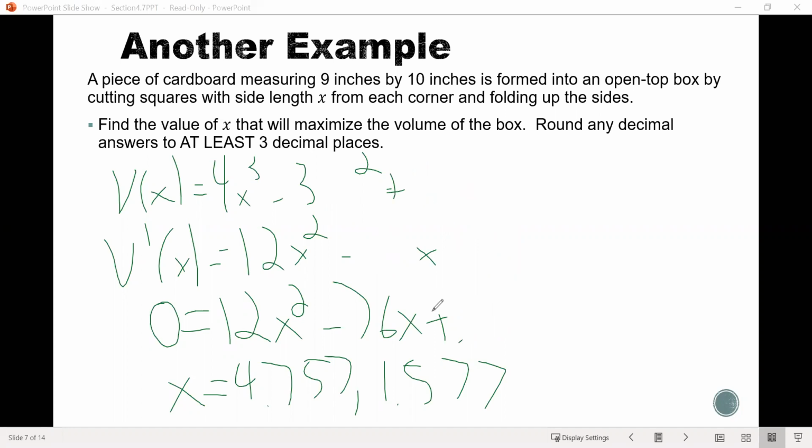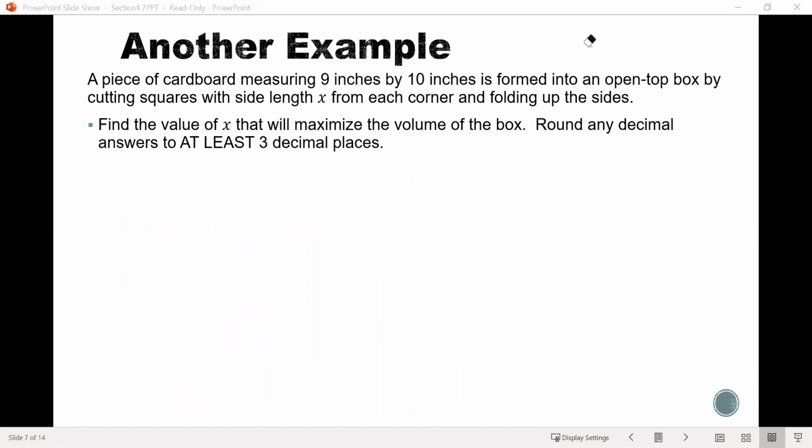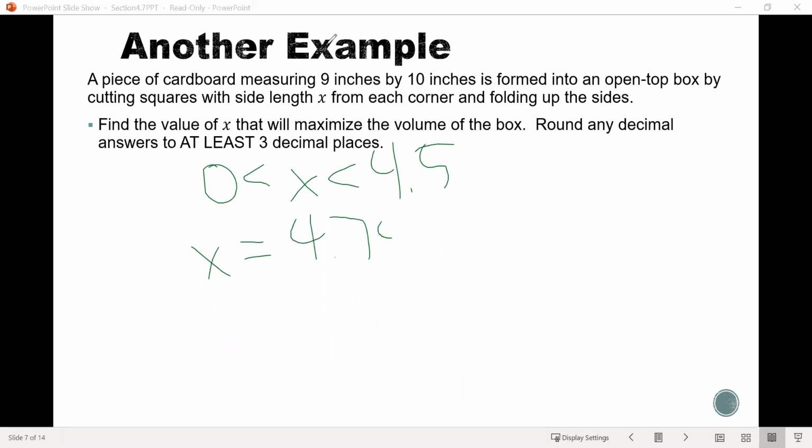And actually, let me just clear this out. So recall that we have this bound on x that it has to be between 0 and 4.5. And we just found these values, x equals 4.757 and 1.577. Notice that 4.757 is outside of the range from above, so that's not a candidate for where the maximum could occur.